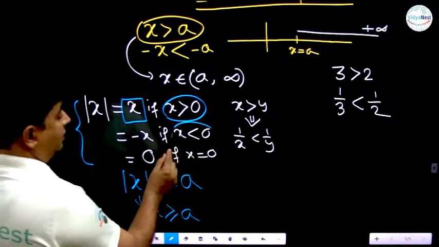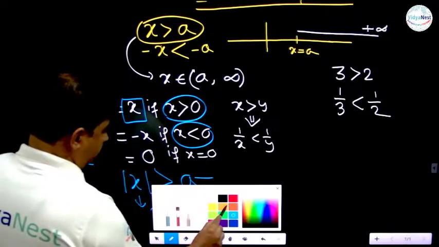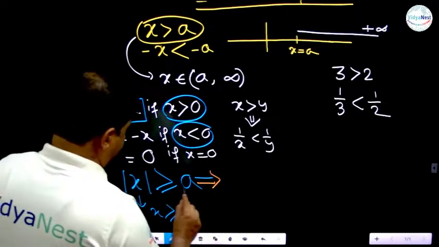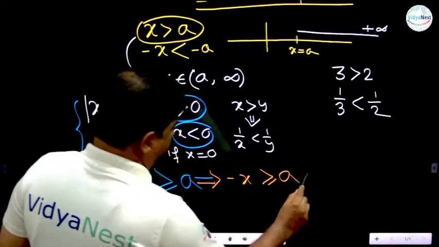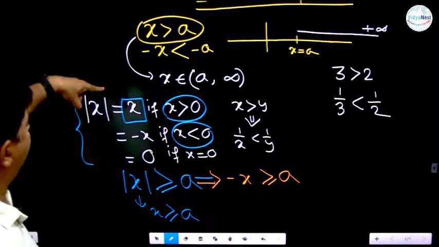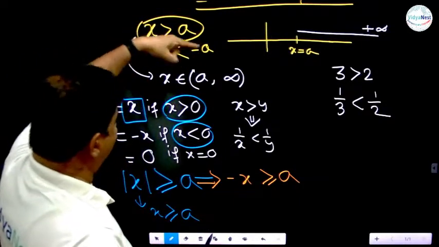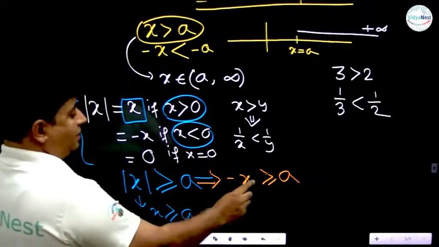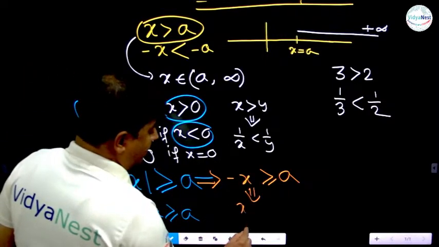Now in this case, mod x will be minus x. Instead of mod x, minus x. From here, we have concluded that x greater than a means minus x less than minus a. So once you get minus x greater than or equal to a, where does x lie?